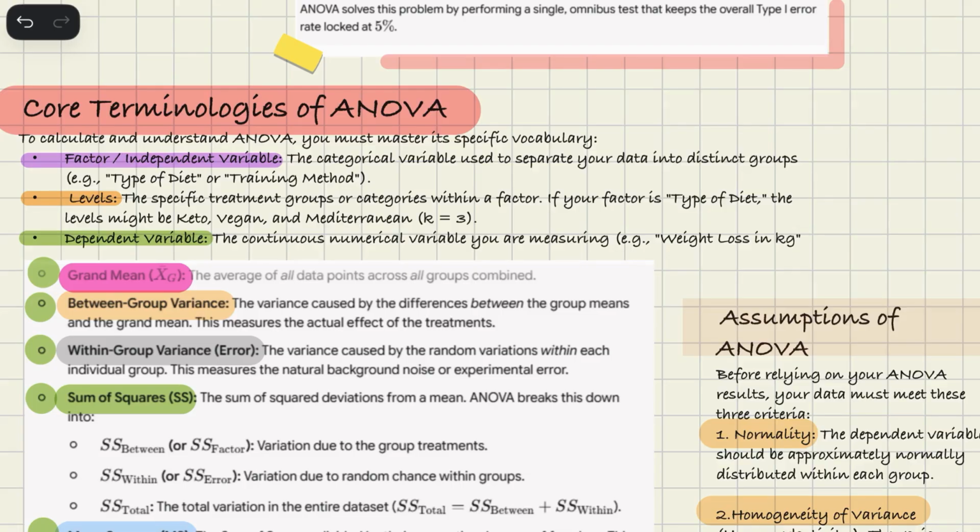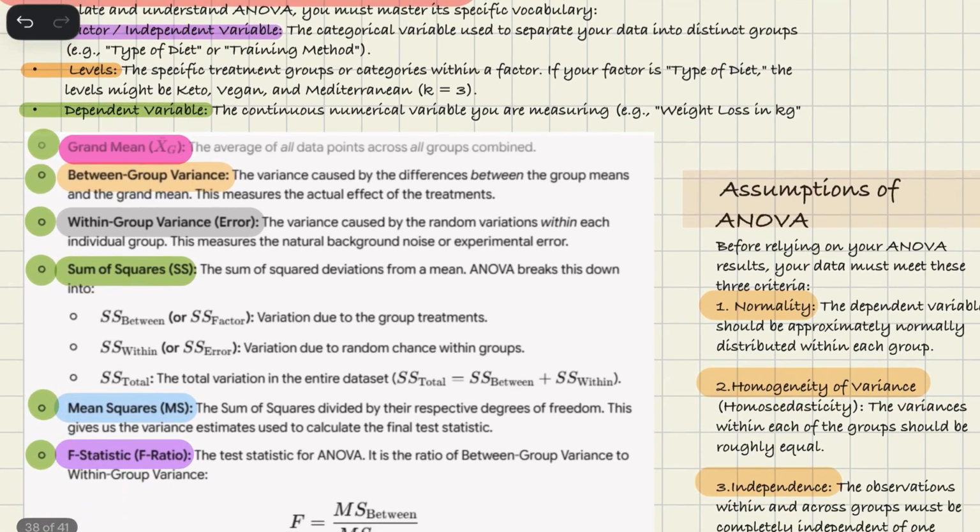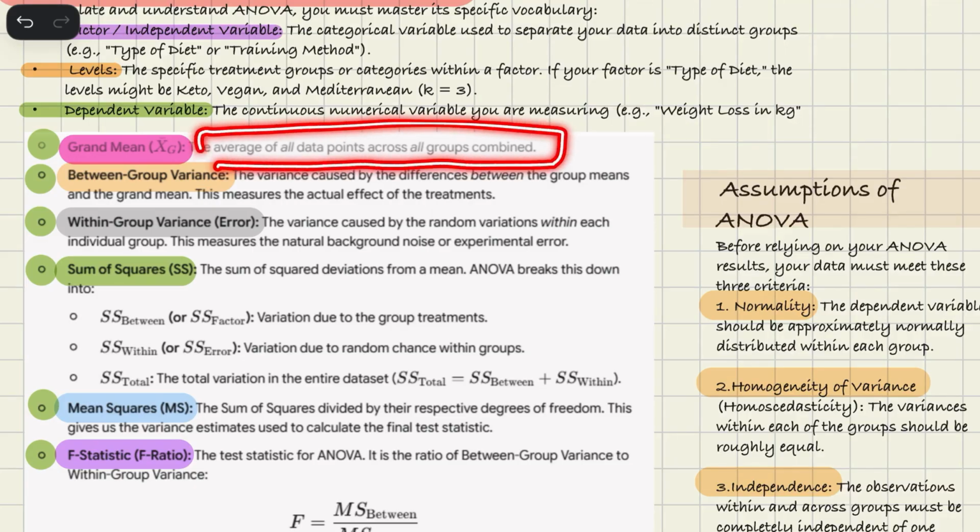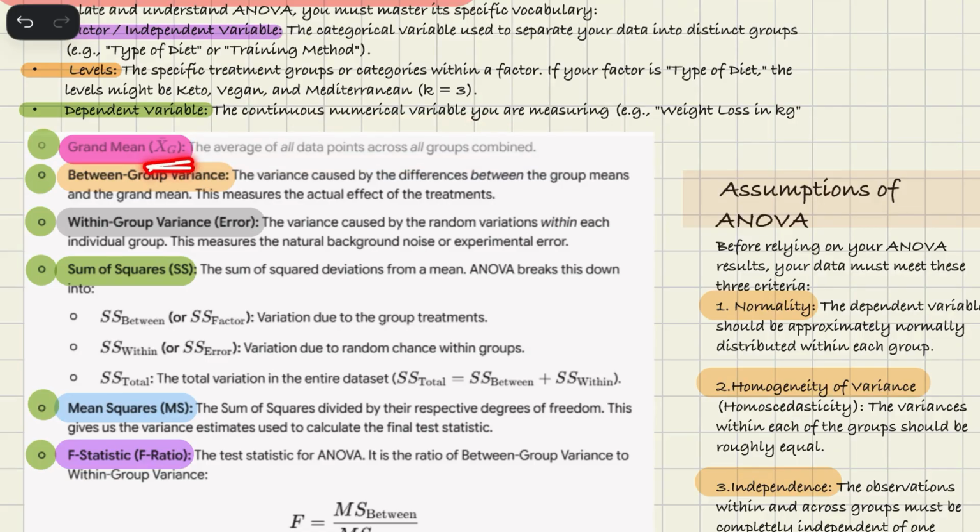Let's move on to understand how ANOVA compares these means by looking at variance. Let's break down the total variance in your data set. Another term you need to understand is the grand mean, which is the average of all data points across all the groups. That is why it is known as the grand mean.